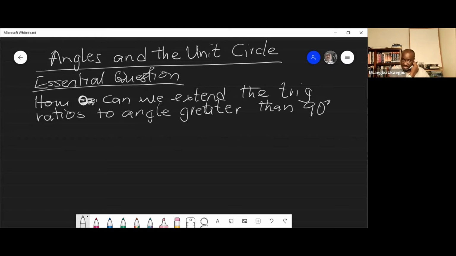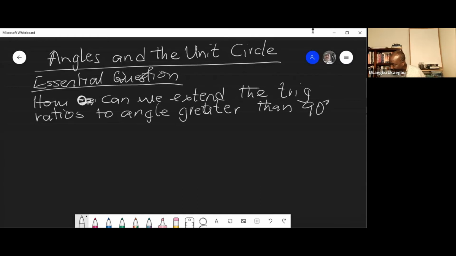So let me read again. How can we extend the trig ratios to angles greater than 90 degrees? This is what we shall be exploring today.